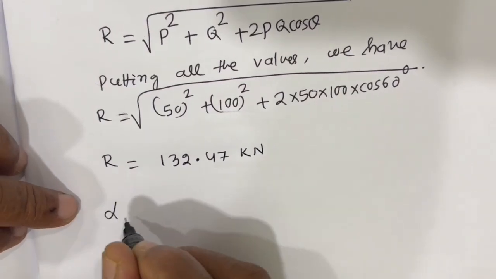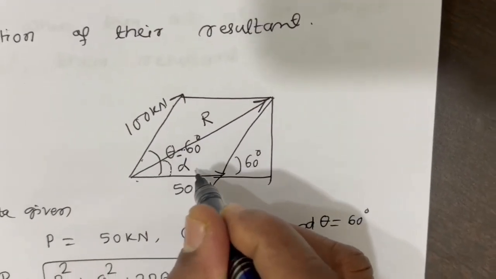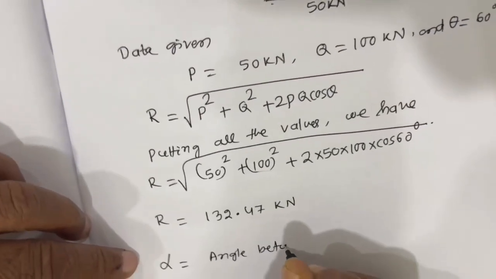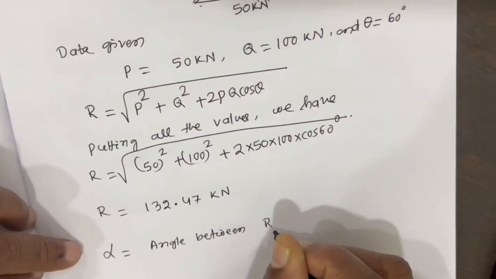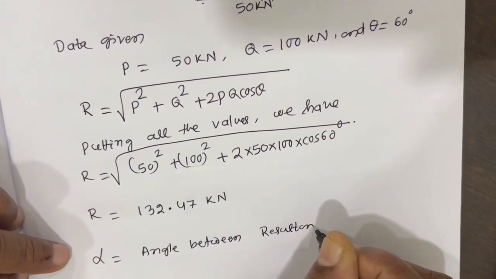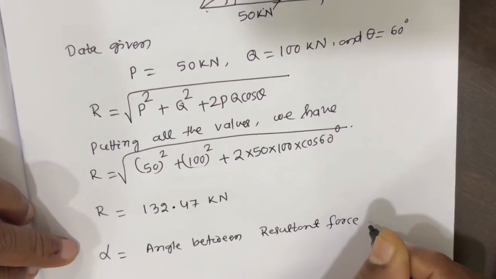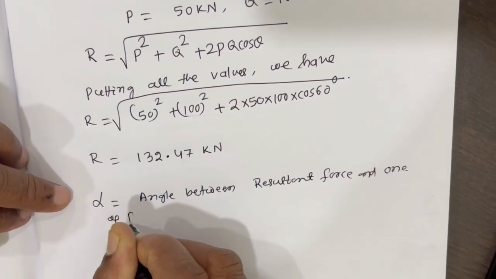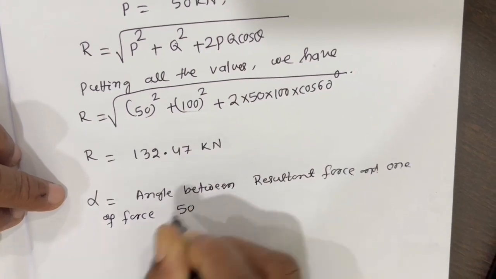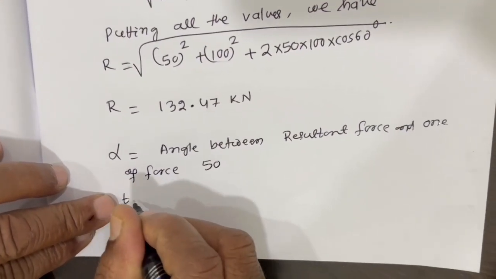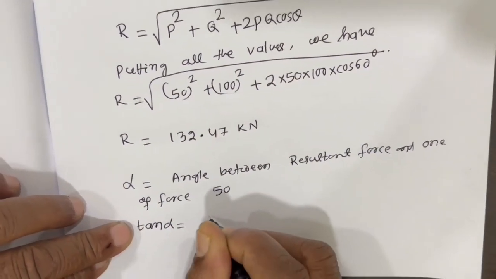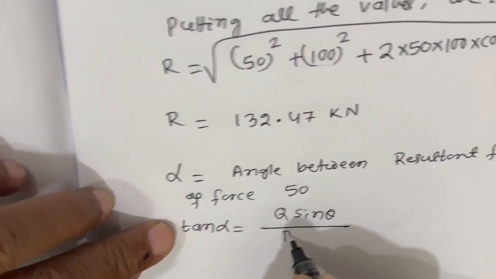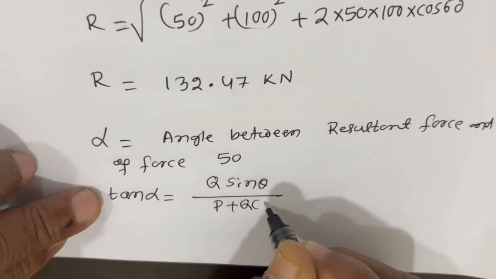Now, alpha. This angle is alpha. Alpha is the angle between the resultant force and one of the forces, 50. You know that tan alpha is equal to Q sin theta divided by P plus Q cos theta.